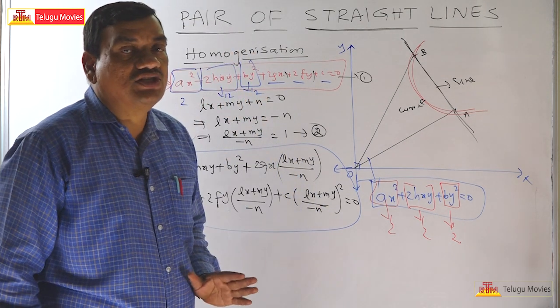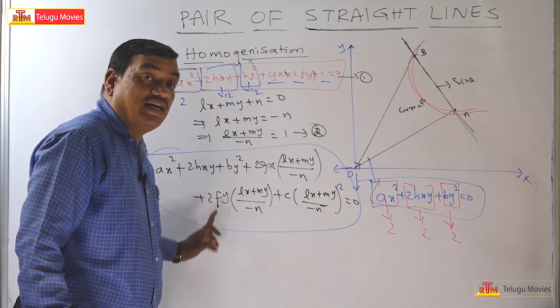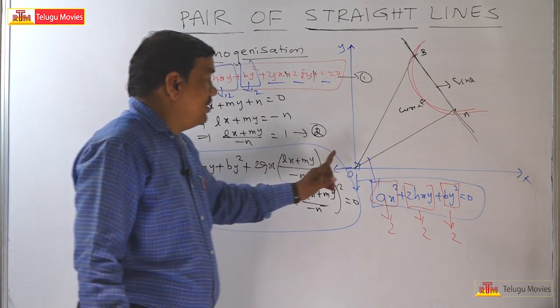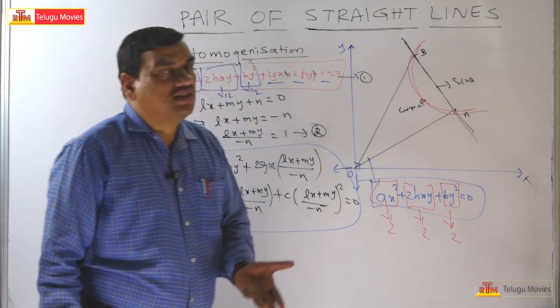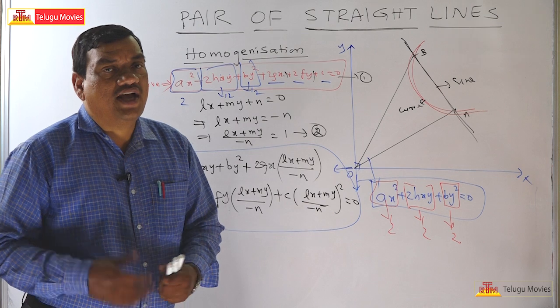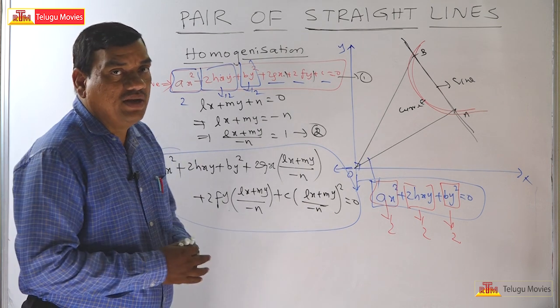That is why this is a second degree homogeneous equation which passes through the origin. Definitely it will satisfy that condition, that is delta is equal to 0, h square is not equal to ab, all those conditions.